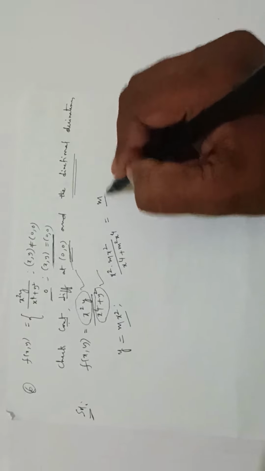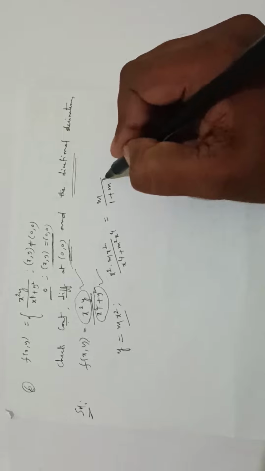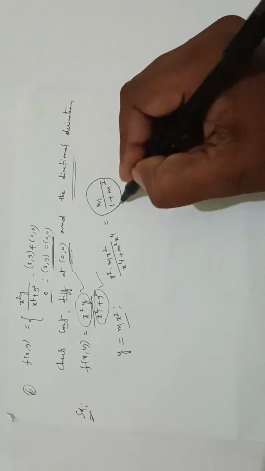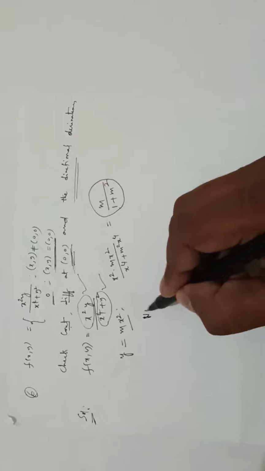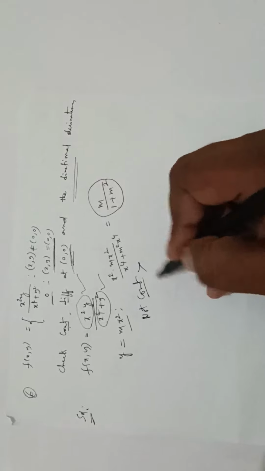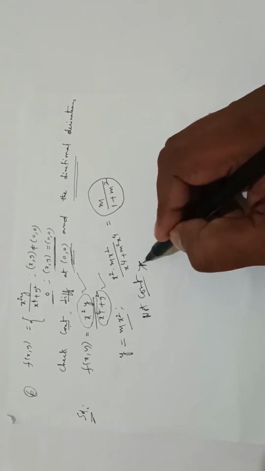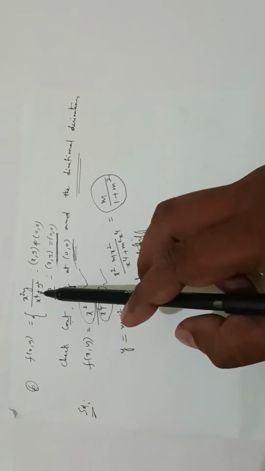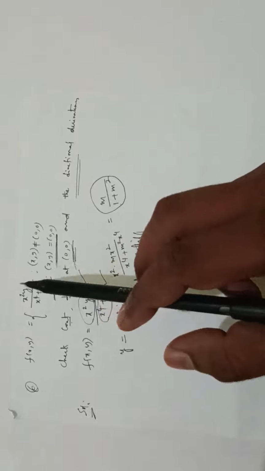So this is m by 1 plus m square. So it depends upon m, so the function is not continuous. If it is not continuous, it is not differentiable. So the given function is discontinuous and not differentiable.